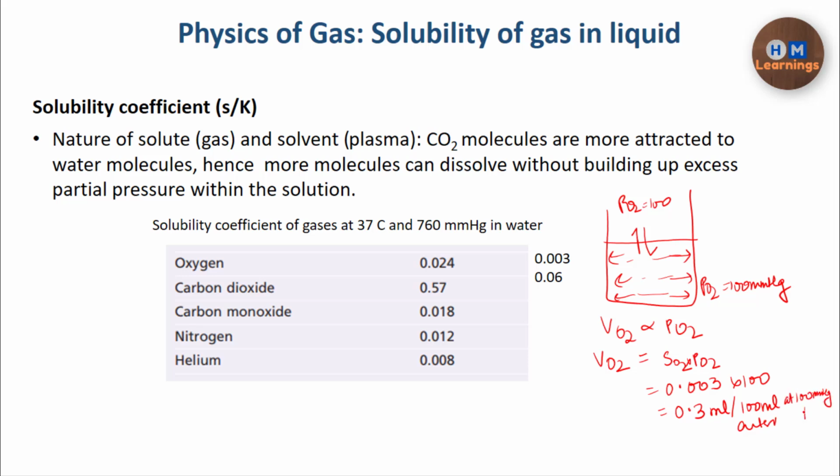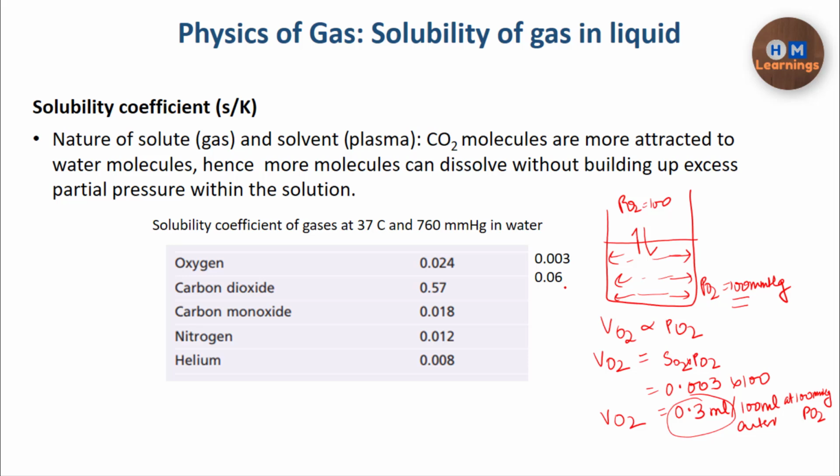So around 0.3 ml is dissolved in 100 ml of arterial blood at a PO2 of 100 mmHg. But what this 0.3 ml contributes in terms of the pressure exerted in the solution form against the vessel is still 100 mmHg. So this arterial blood contains 0.3 ml of dissolved oxygen, and those oxygen molecules are exerting a partial pressure of around 100 mmHg.